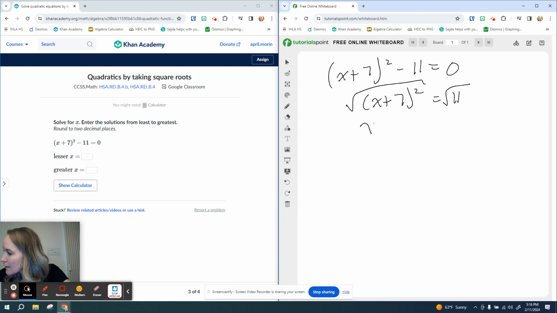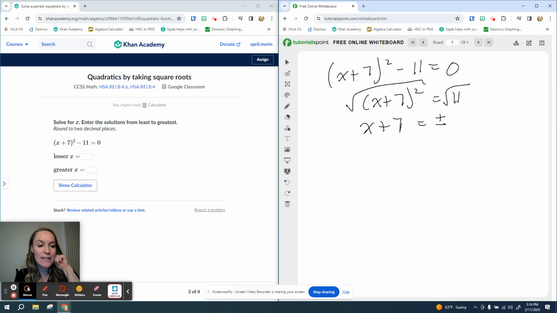And then I have x plus 7 equals plus and minus. Now, before we had these perfect squares that we could square root and they would simplify to a whole number. That was kind of nice. But now the square root of 11 doesn't simplify nicely. So 11 doesn't have any factors.